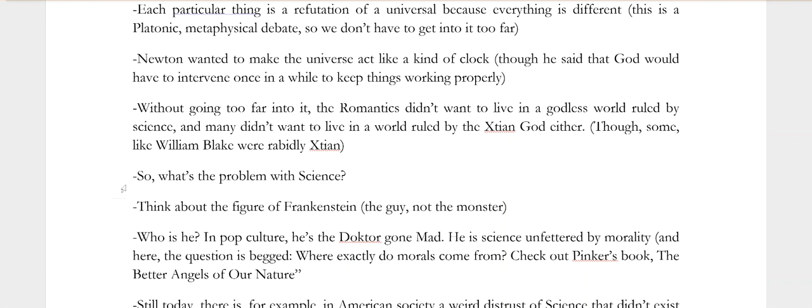And it turns out his intuition was correct. The cosmological constant has been brought back into physics, which is a really fascinating thing. So anyway, I don't want to go too far into it, but the Romantics didn't want to live in a godless world ruled by science.